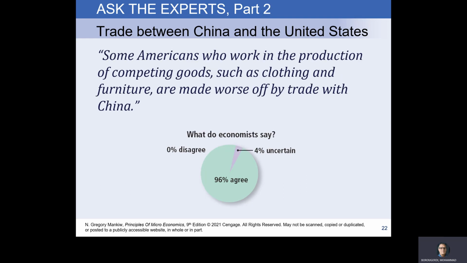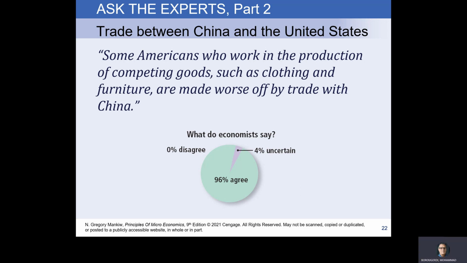The slide says some Americans are going to get hurt. They're going to lose their jobs, like when we put a tariff on steel from China because we wanted to revive the steel industry in the Midwestern states. The workers are happy. Those factories open up, and they have jobs and so on. But who's going to get hurt?